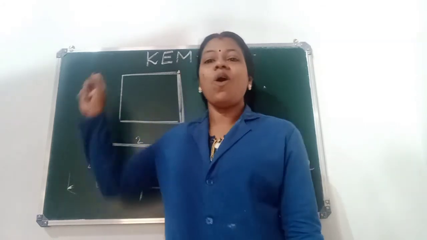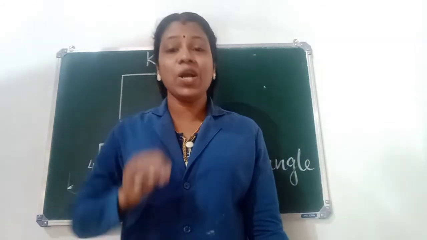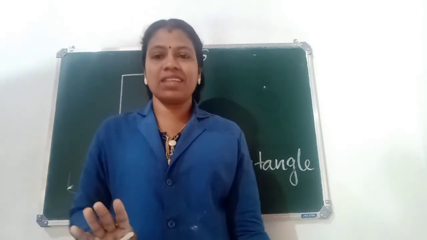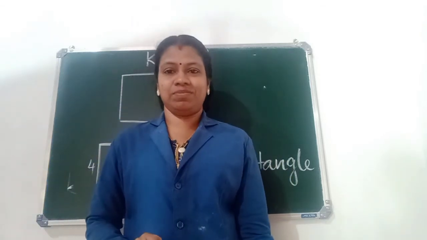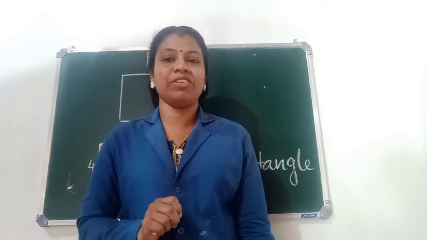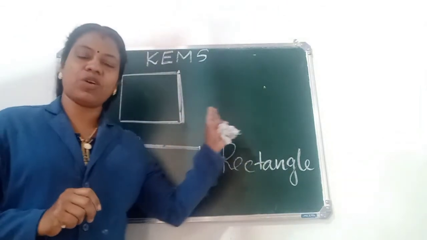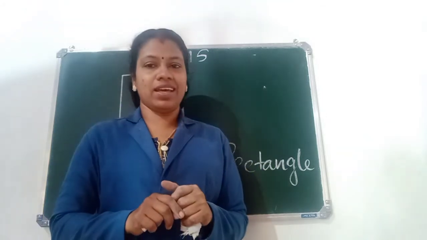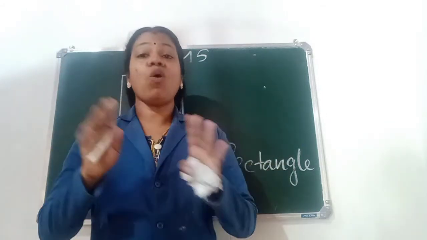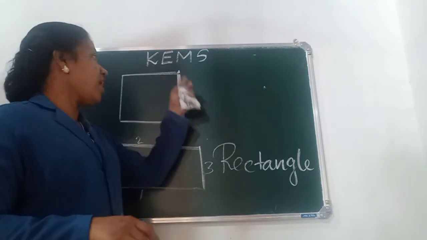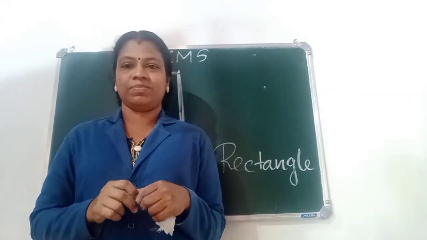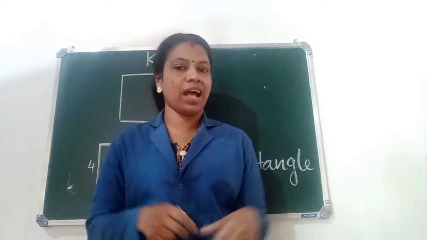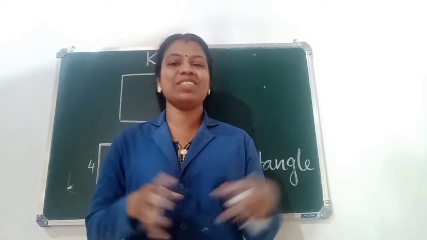In a square, all sides are equal in length. That is the speciality of a square. A rectangle and a square have four sides and four corners, but in a square, all four sides are equal in length. That's a square.